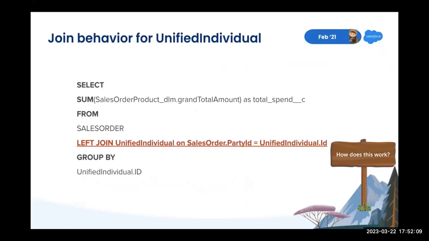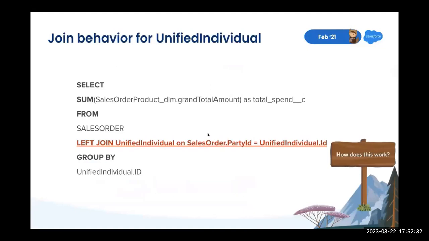Now, within joins, one interesting thing is the join behavior for unified individual. Let's look at this specific insight. In the join, it's joining unified individual on sales order.party ID equals unified individual.id.